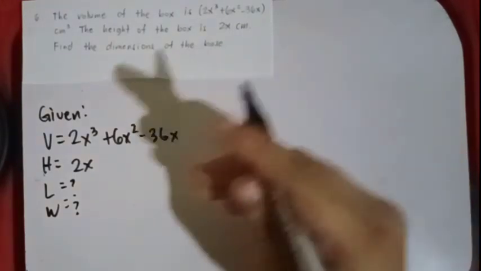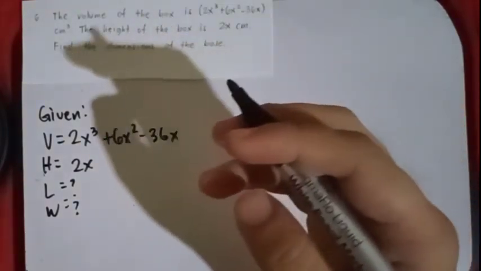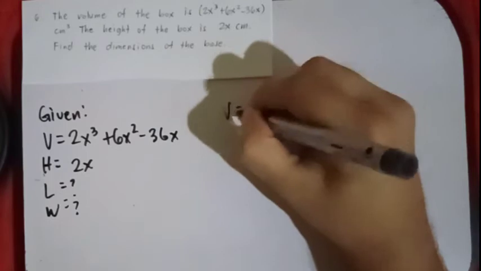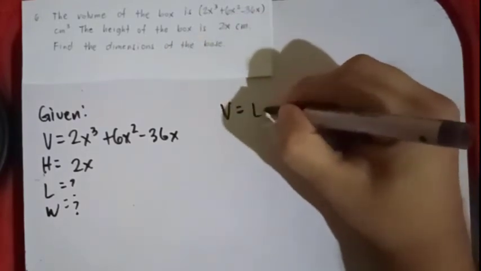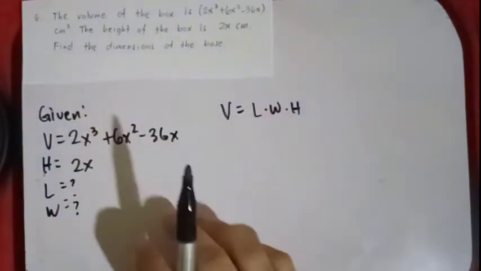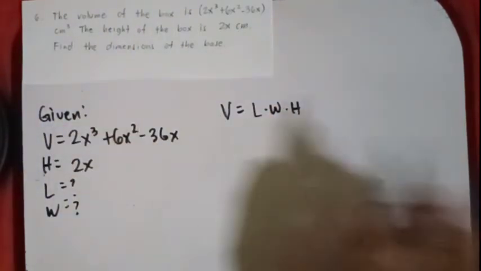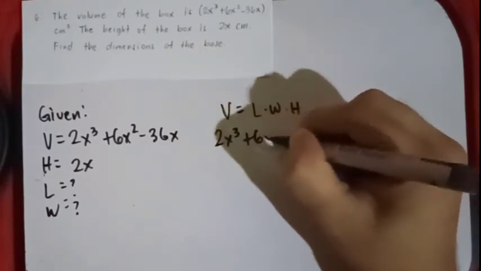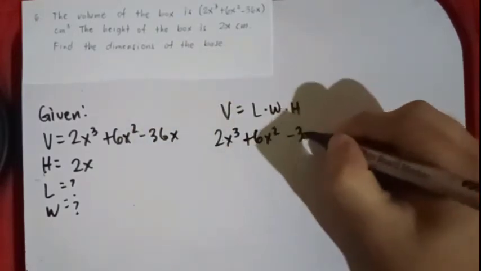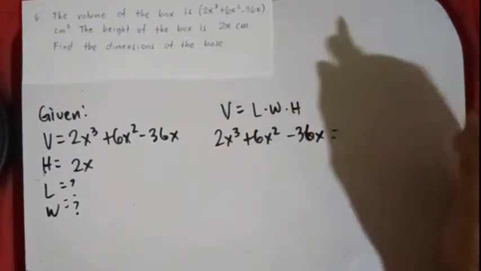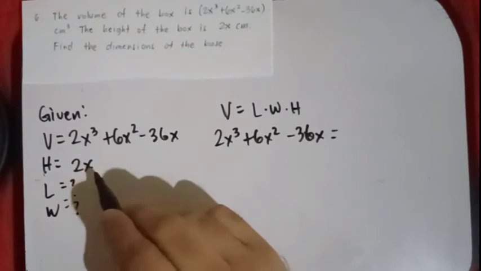Okay, so let's use the formula since we are talking about the volume of the box. The formula is volume equals length times width times height. Then let's replace the variables with the expressions. So, 2x cubed plus 6x squared minus 36x is the volume, equals, and our height is 2x.